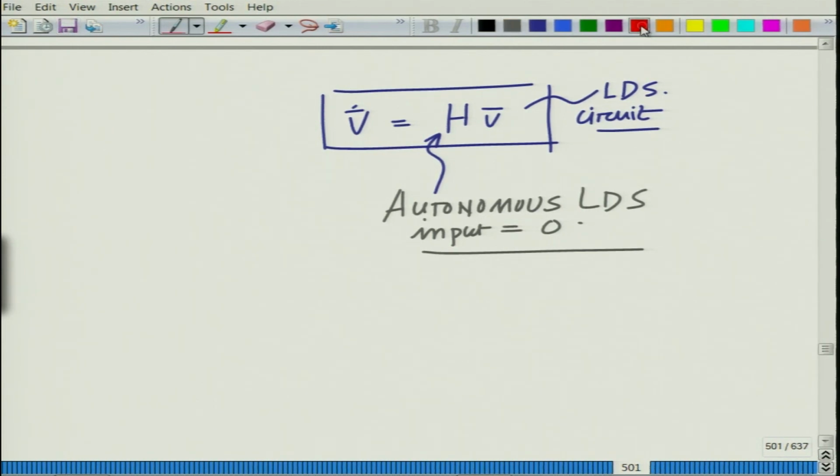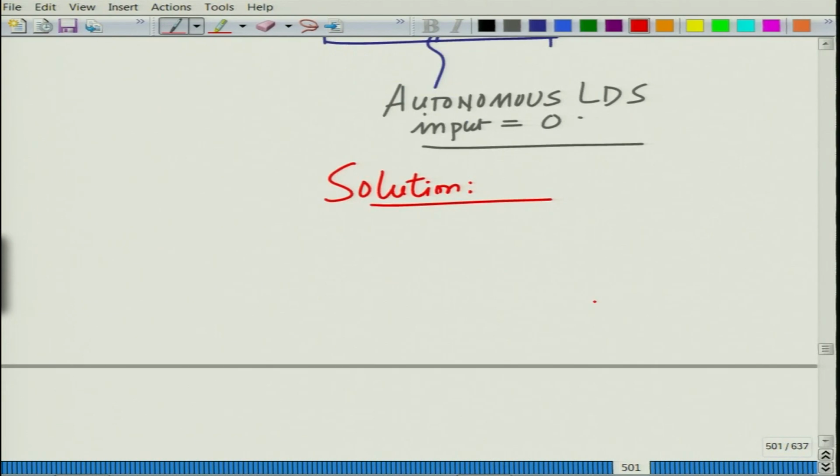So the solution to an LDS is very simple and interesting. V bar of t equals e raised to the power of tH times V bar 0.